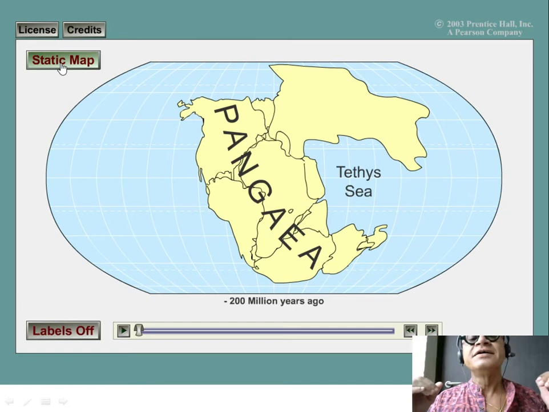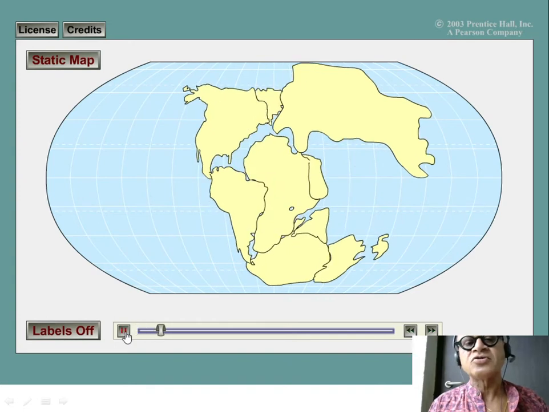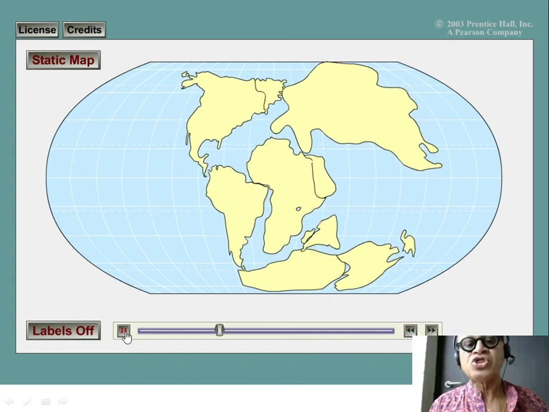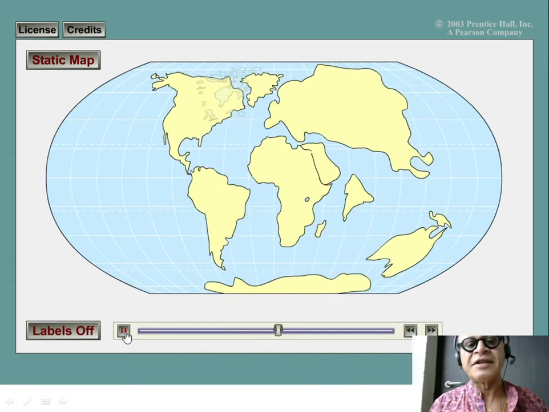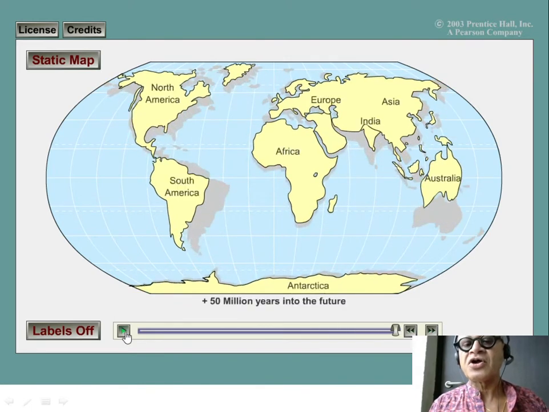Amazing, right? And now we know that all the plates are moving, and in about 50 million years we'll all be heading towards the North Pole and then back towards the South Pole and so on. So Pangaea, going back to about 200 million years ago, started to split up and get organized into different named configurations, and here we are now in the current configuration, and this is 50 million years into the future.